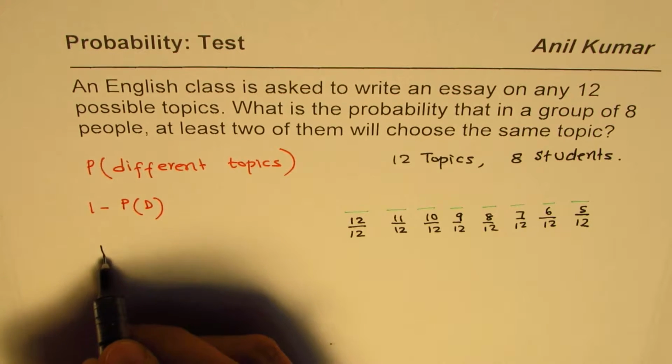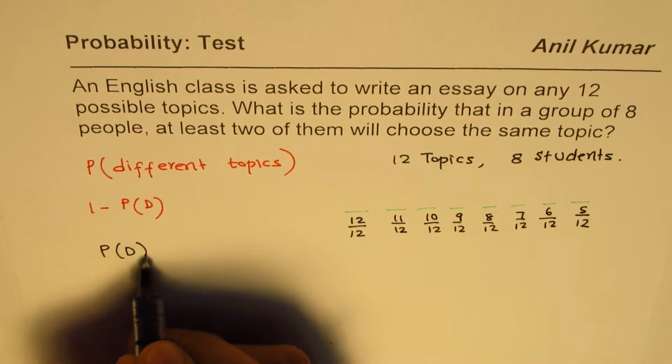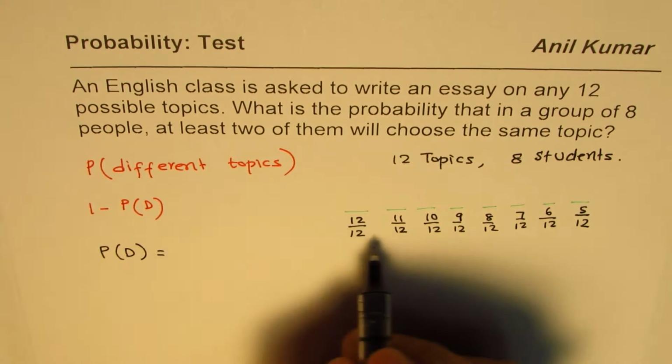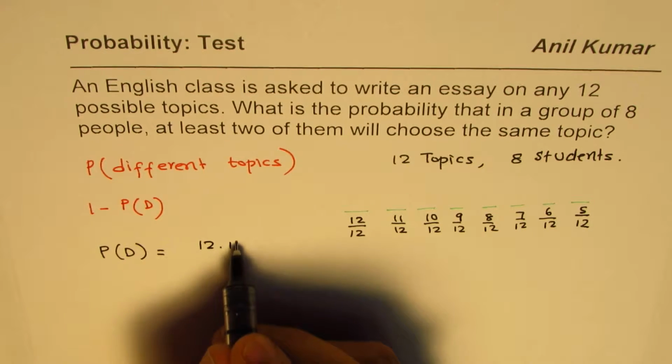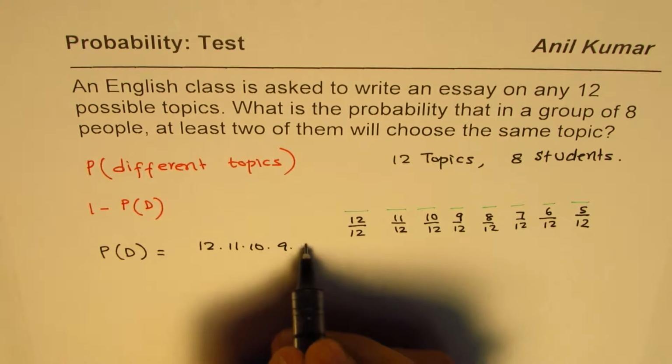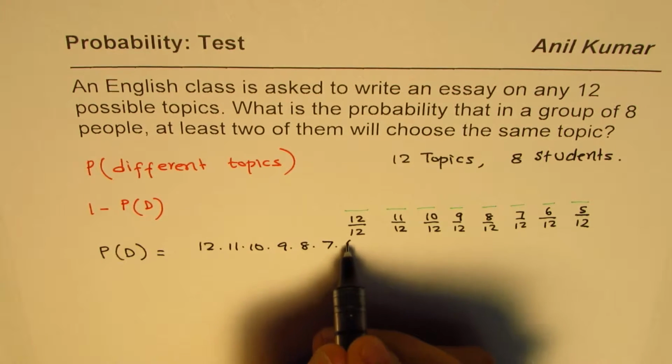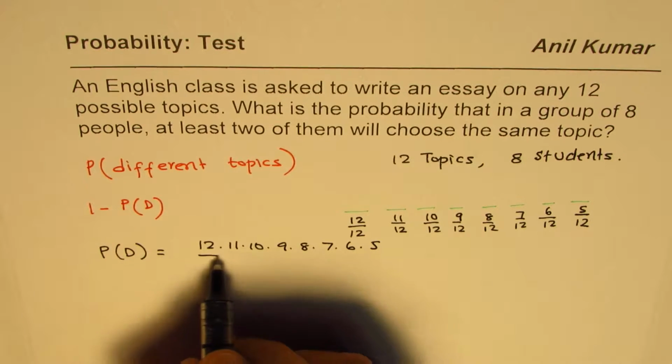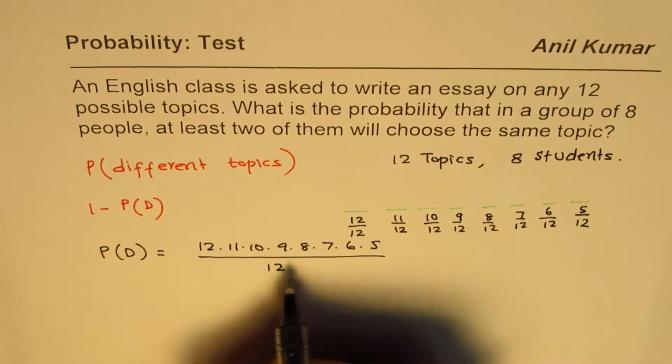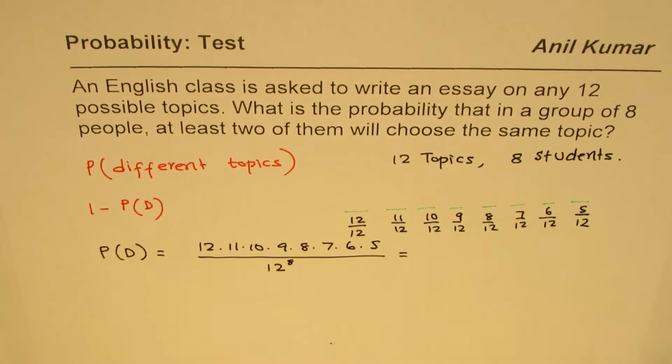So we can write that the probability for different topics is equal to 12 times 11 times 10 times 9 times 8 times 7 times 6 times 5 divided by 12 to the power of 8. So let's calculate this value.